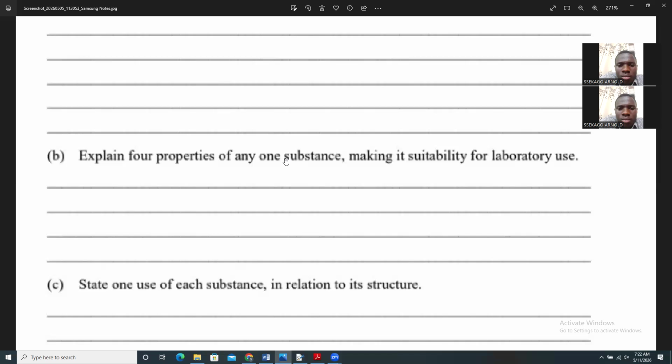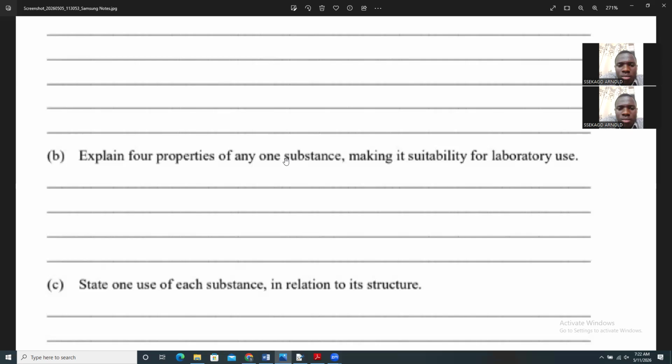Then the third one was the graphite rod. The graphite rod consists of a giant covalent structure, where we have covalent bonding.